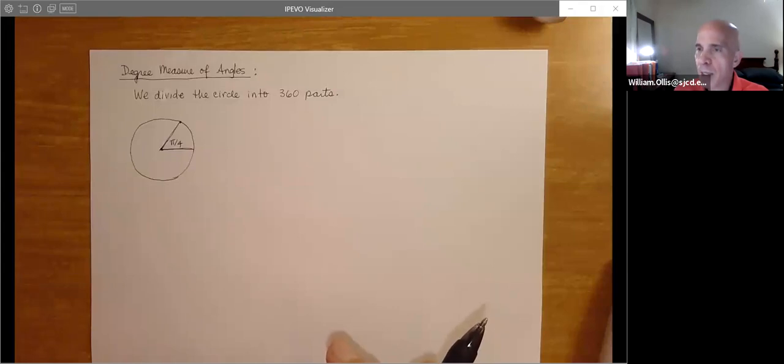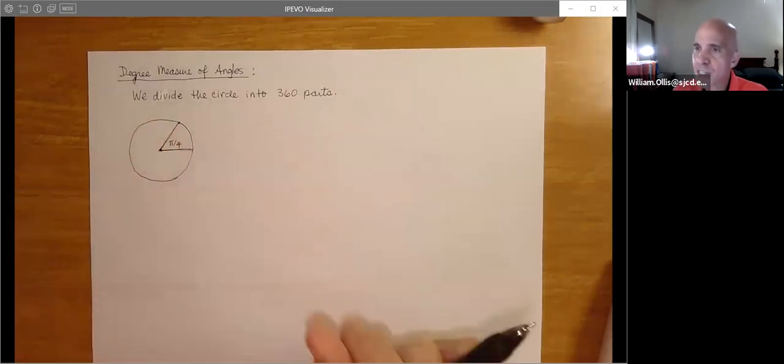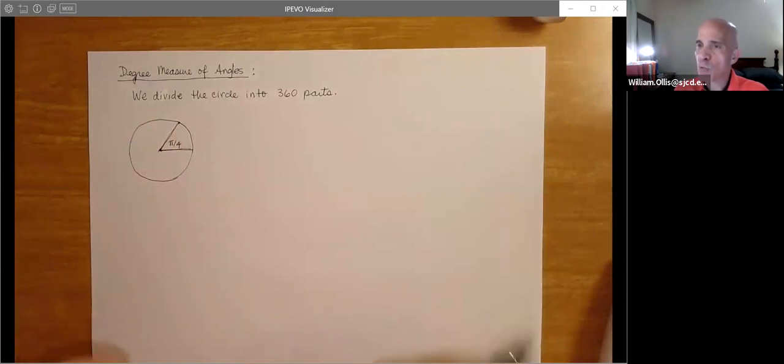So now we're thinking, what's this degree measure? Well, it's something that we invent. If we divide the circle into 360 parts, that's actually going to be a division of 2 pi. So we just use those two numbers to figure out the basic conversion factor.